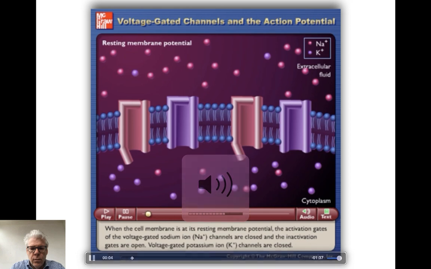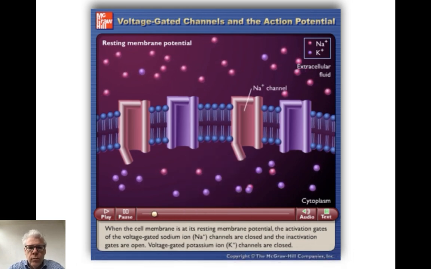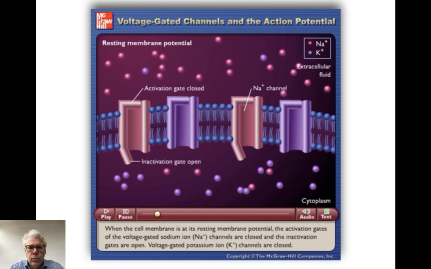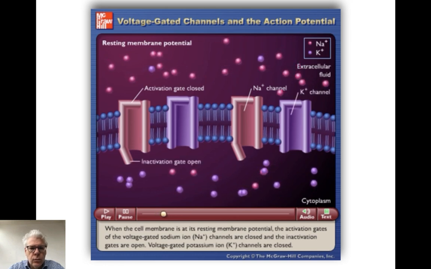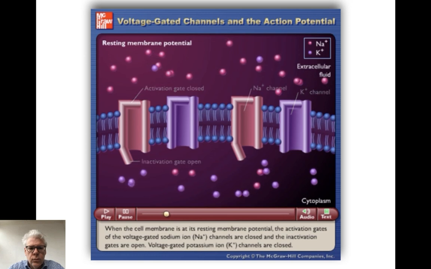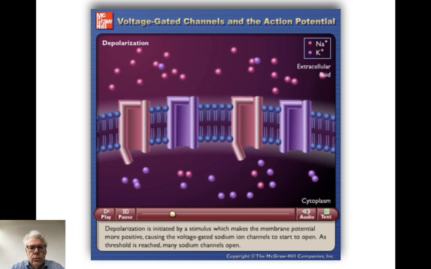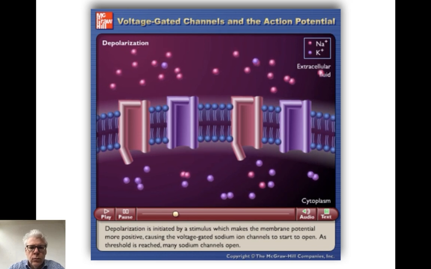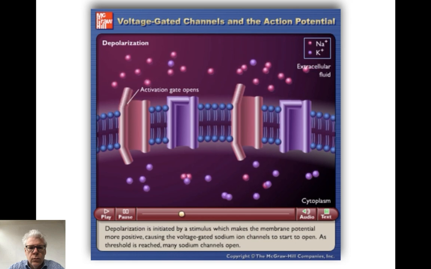At resting membrane potential, the activation gates of the voltage-gated sodium ion channels are closed and the inactivation gates are open. Voltage-gated potassium ion channels are closed. Depolarization is initiated by a stimulus which makes the membrane potential more positive, causing the voltage-gated sodium ion channels to start to open.